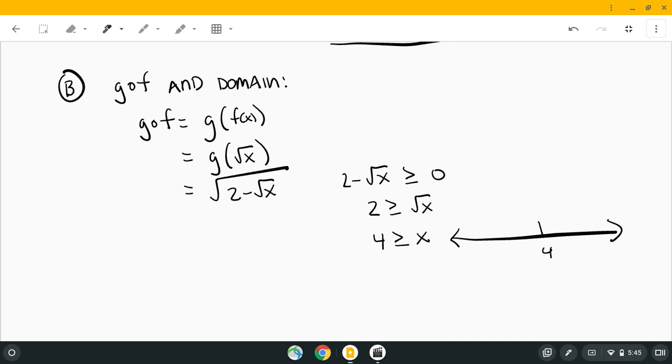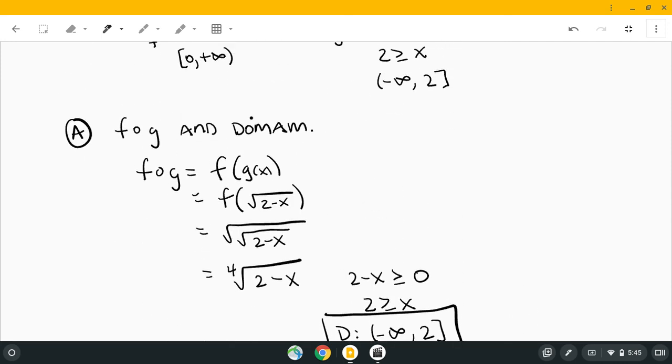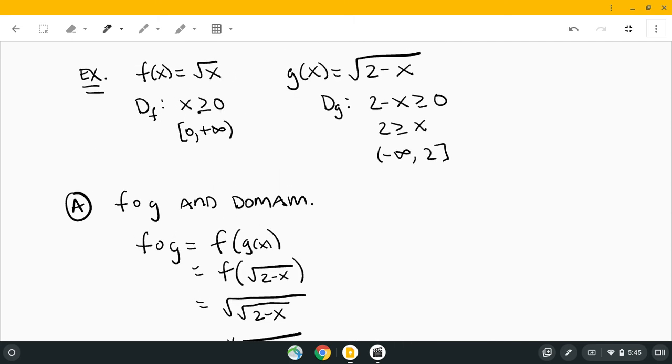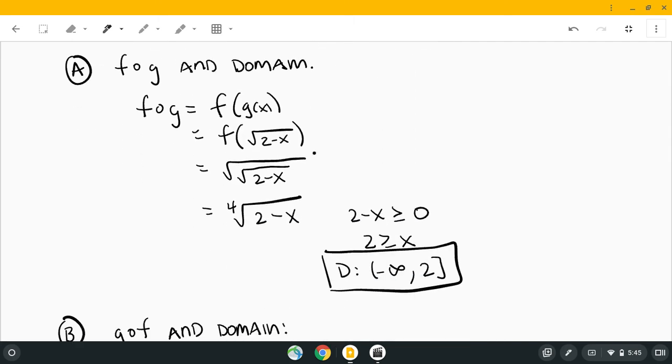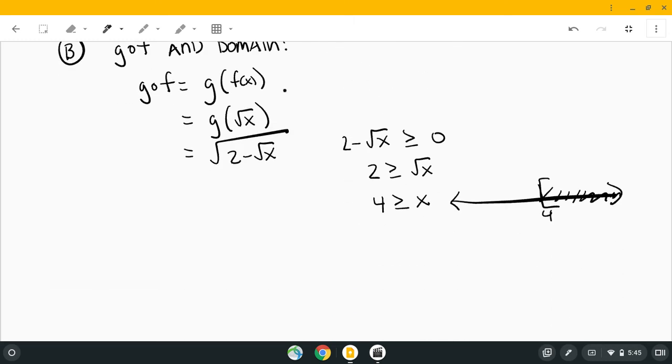So here's 4. And it looks like this, right? Greater than or equal to 4. The f function, that's the one that's inside here, so that's the one we need to look at. And we said the domain of the f function is x is greater than or equal to 0. So x is greater than or equal to 0. Oh, here, this one's actually not correct. This is x is less than or equal to 4. So that's this way.